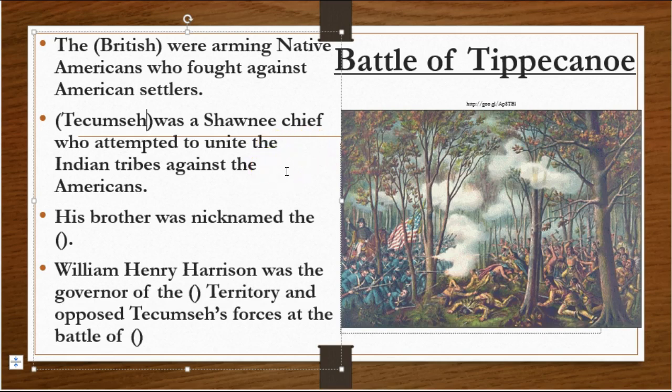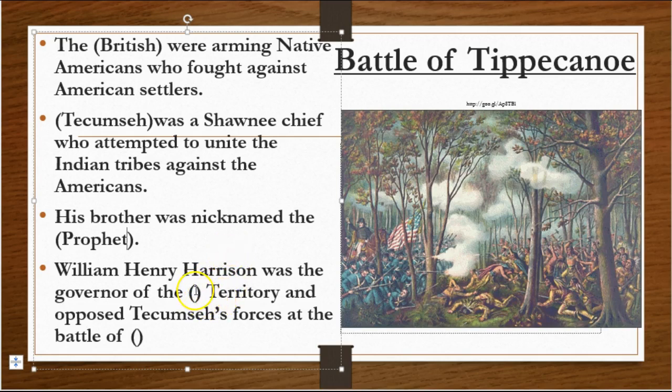And in some ways he was very successful with this because he was able to get a number of tribes together to fight. One of the other things about Tecumseh is he had a brother that was also very influential at the time amongst Native Americans, and his nickname was the Prophet. Tecumseh and the Prophet worked together to try to unite tribes against the Americans.